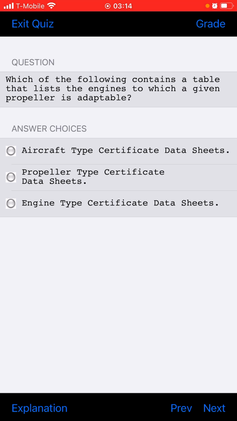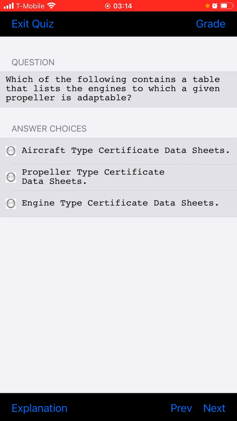Case paint chipped. Which of the following instrument conditions is acceptable and does not require immediate correction? Case paint chipped. Prevailing atmospheric pressure.